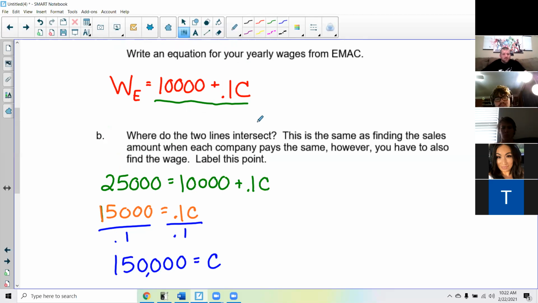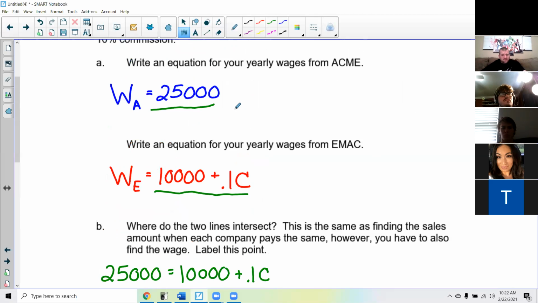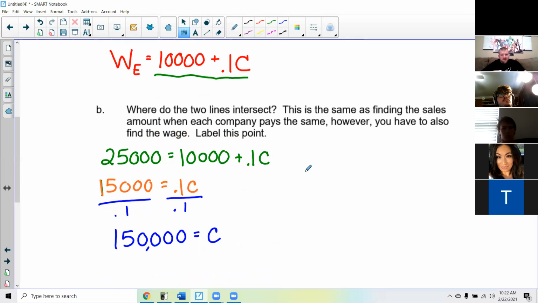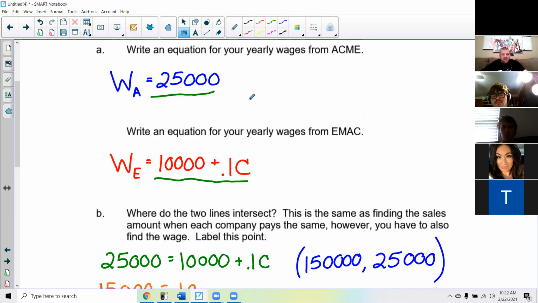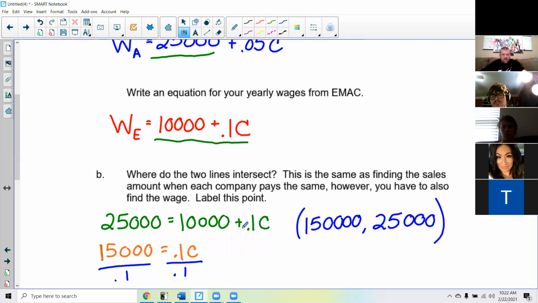Well, it's kind of a stupid question because the first equation is just 25,000. So it's obvious that if I sell $150,000 worth of whatever it is that I sell, I'll make $25,000. If Acme also paid me based on commission, let's just say this was 0.05 C, I'd figure out when they're the same.